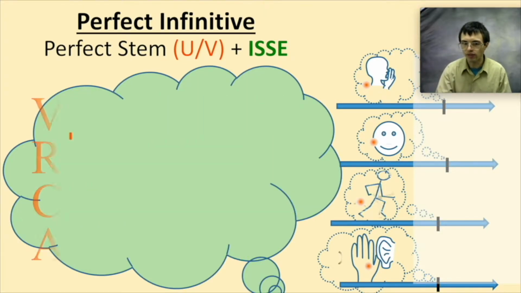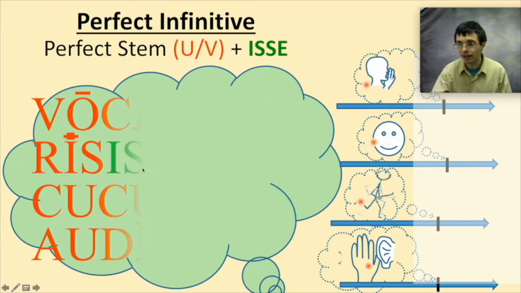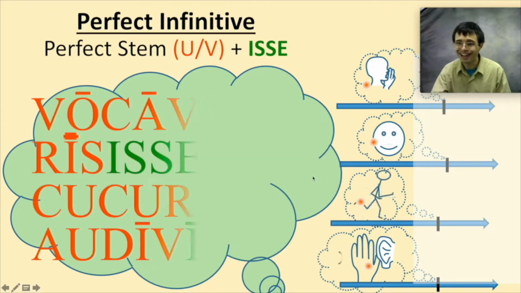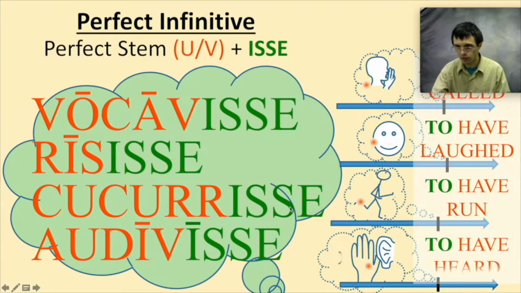So vocavisse would have been what? To have called, right. Risisse, that's from rideo, ridere, risi, risus. To have laughed, ha ha ha. Cucurrisse: it went curro, currere, cucurri, cursus. So this was the third one, cucurri, became cucurrisse, meaning to have run. See how you're thinking about running? Okay, and then the last one, audivisse, to have heard.